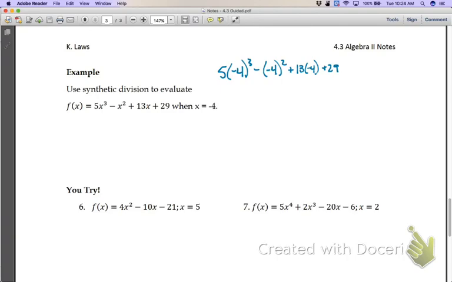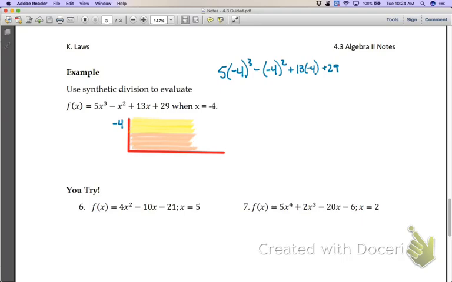You can do the same thing with synthetic division, or what I call synthetic substitution. Now, it tells us what x is equal to, so we can put negative 4 out here. Again, I can, if I'm going to stick with my colored areas, so then hopefully that helps.